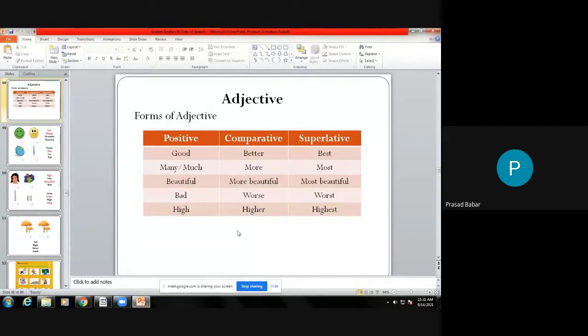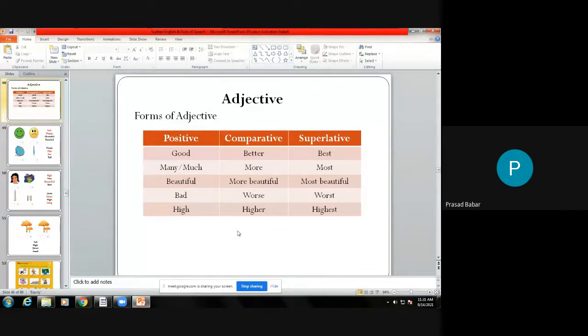Okay, so there are three forms of adjective, that is positive, comparative, and superlative. Any adjective has three forms. Okay, so these are the positive, comparative, and superlative. Let's discuss some of the examples of adjectives in positive, comparative, and superlative degree.